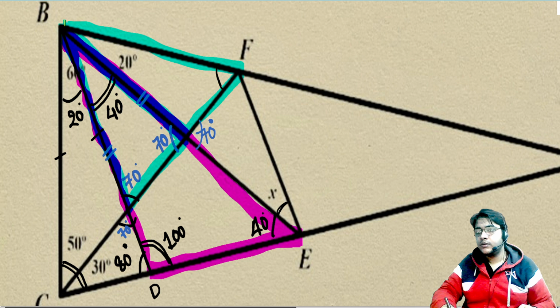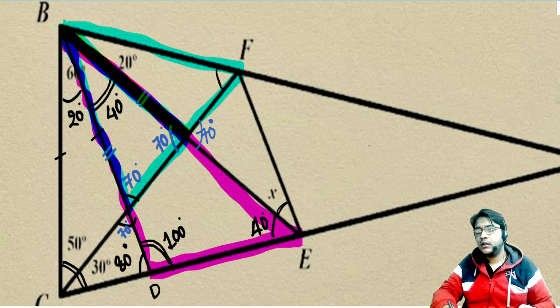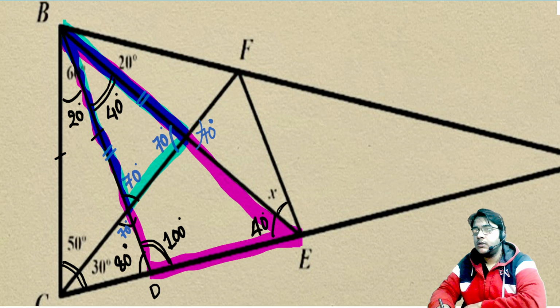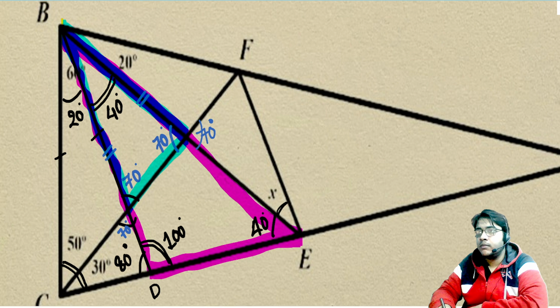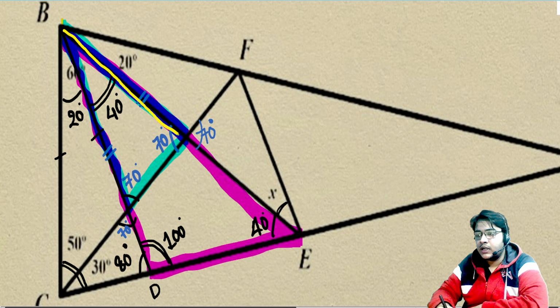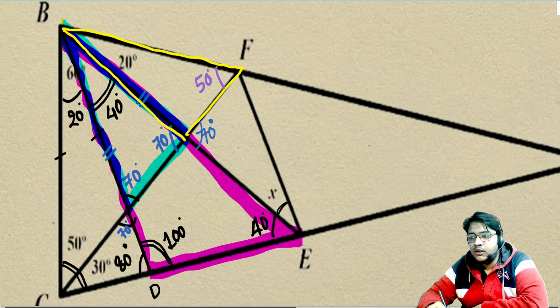Let me use a different highlighter, or maybe let's use a pen instead. So I'm going to talk about this triangle now. The external angle to which is 70 degrees. So can you tell me now the sum of the remote interior angles is going to be 50 degrees.